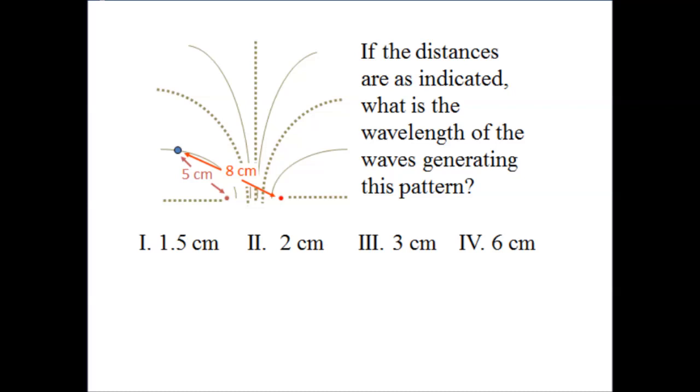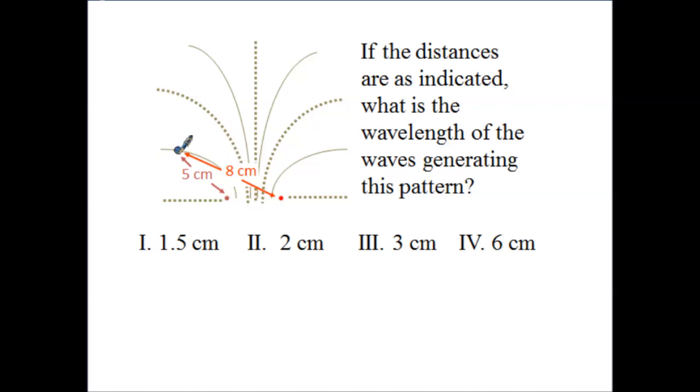So we try to apply this idea that here is a point, and you need to look and see whether it's on a nodal line or an antinodal line, and which of those it is on. And then you need to figure out, okay, what's the path difference to every point on this line? What's the path difference to every point on this line?